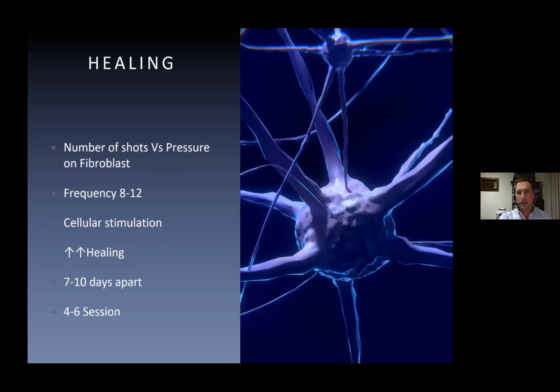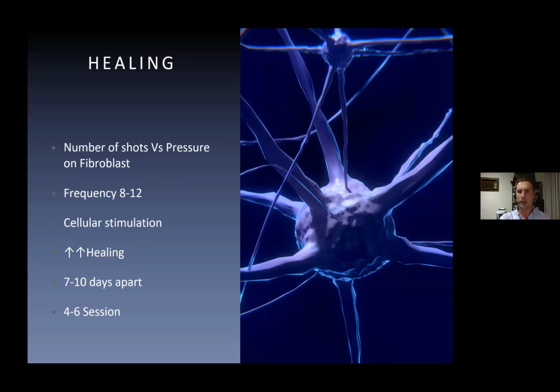For tendon healing, what I'm generally using, as I mentioned, is a frequency between 8 through to 12. And this is where we're trying to stimulate cellular repair. I'm spacing those sessions every 7 to 10 days, but generally as close to 7 days as possible.